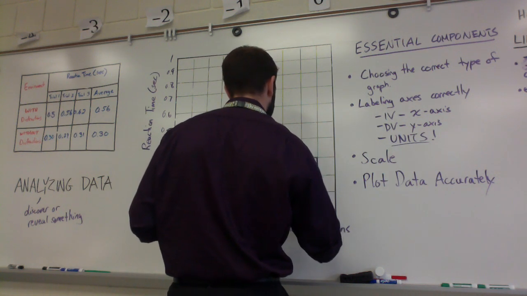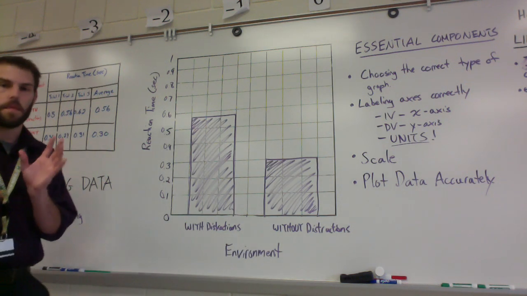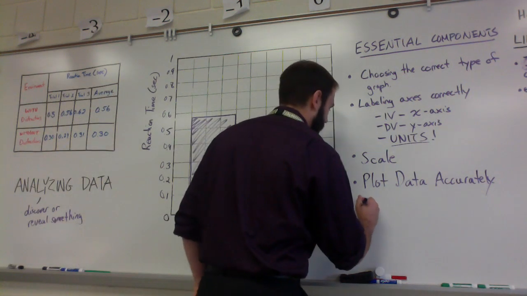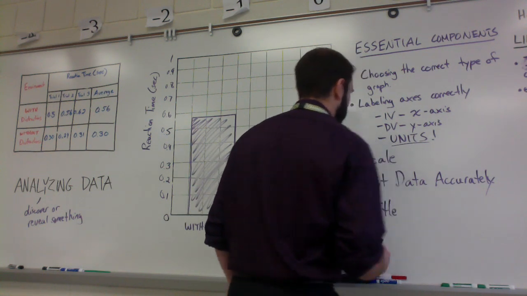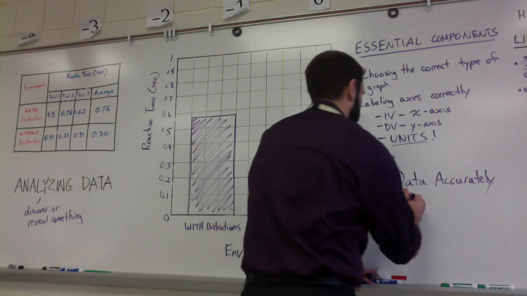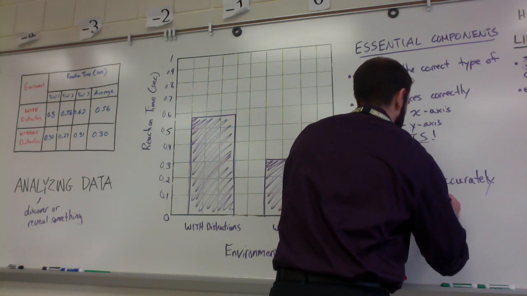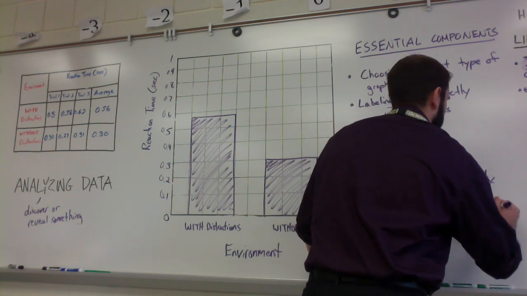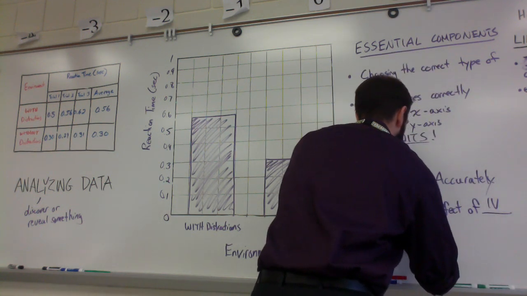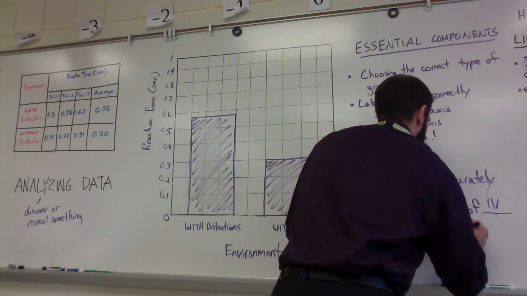All right. So it looks like I'm fairly done, but a very, very important thing that I need to have for my essential components is you always need a title. And the title is always going to have this framework, which is the effect of your independent variable on the dependent variable for your title.